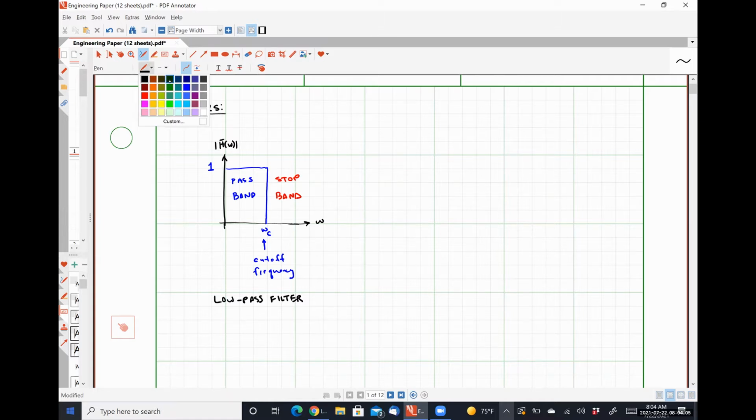In practice, we'll have something that's a bit smoother. So instead of being that abrupt shift, it'll be something like this. Where the steepness of that transition between where it's at 1 and where it's at 0 is due to the order of the filter.